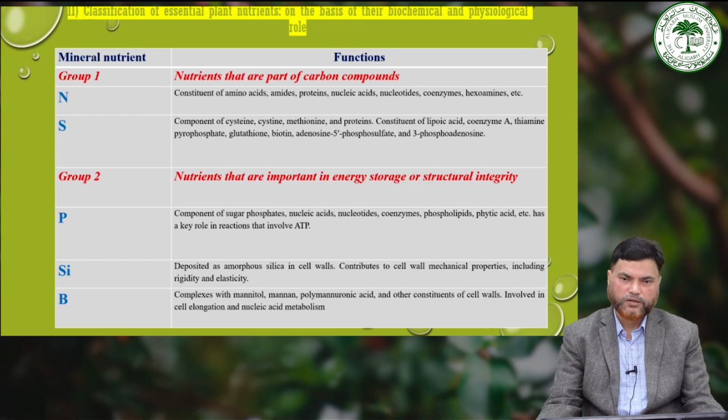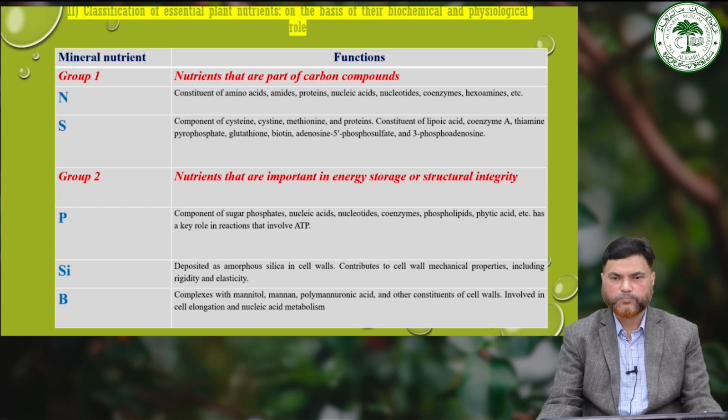Phosphorus is a very important molecule involved in energy storage and structural support in the plant cell. It is present in sugar phosphates, nucleic acids, nucleotides, coenzymes, phospholipids and phytic acid. In addition, phosphorus plays a key role in reactions that involve ATP, the primary energy currency in cells.